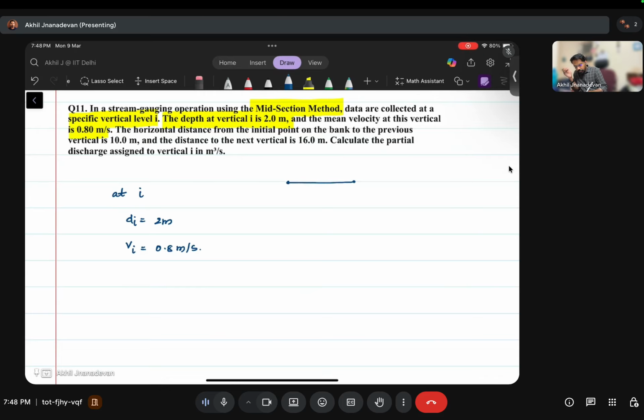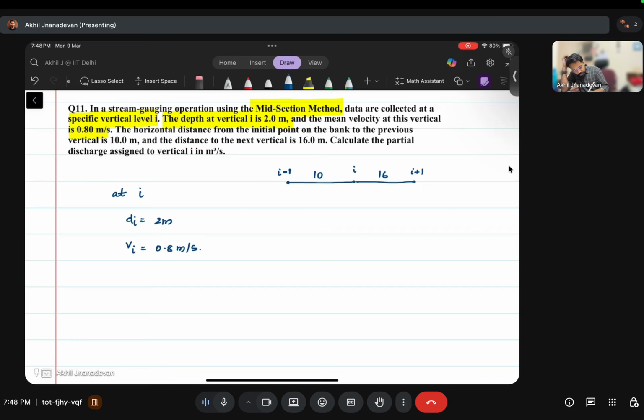So this is the initial point on the bank, i equal to 0. Then this is the current point i, or I can write it as i minus 1. And from the current point, the distance to the next, which is i plus 1, is 16. So this is 16 and this is 10.